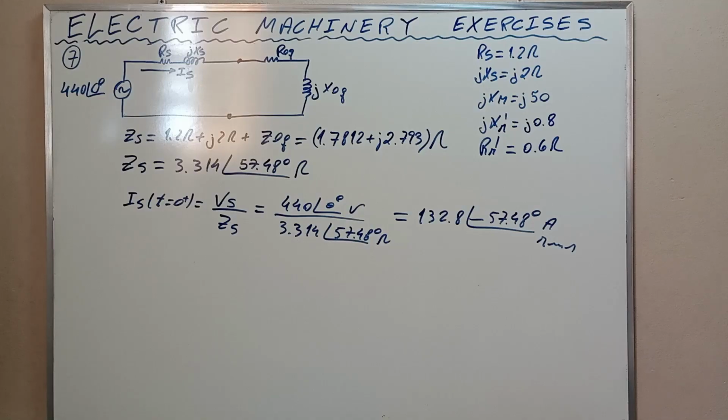The line current is equal to the square root of 3 times the phase current.